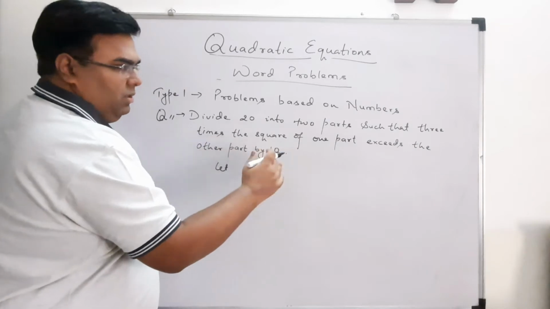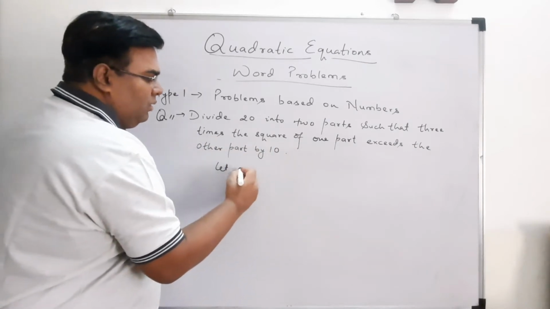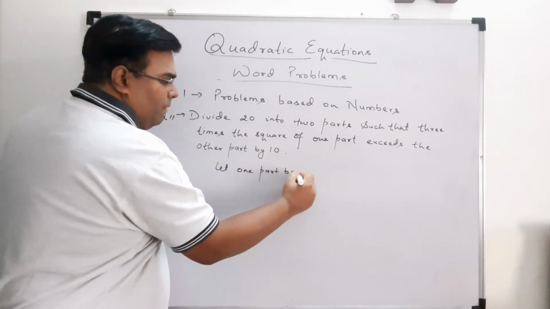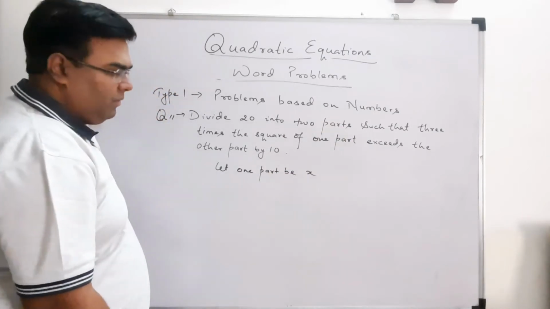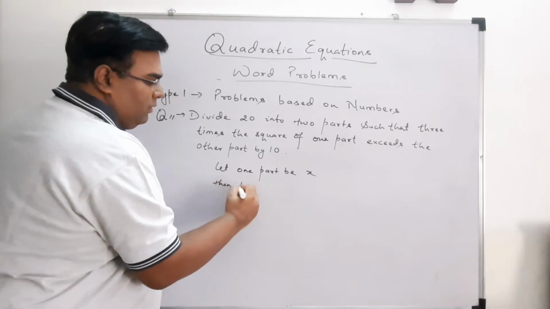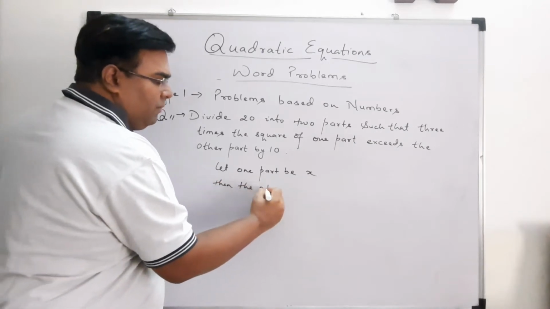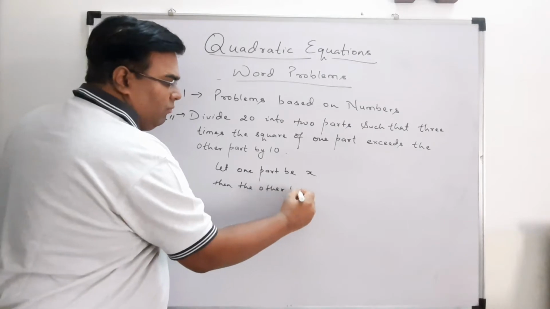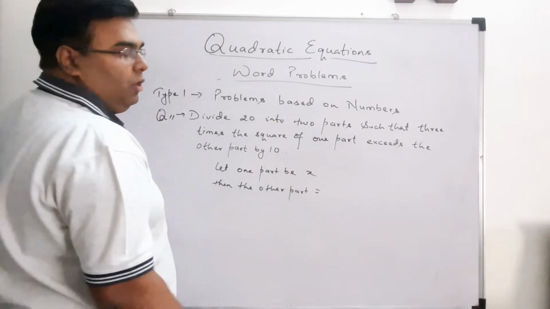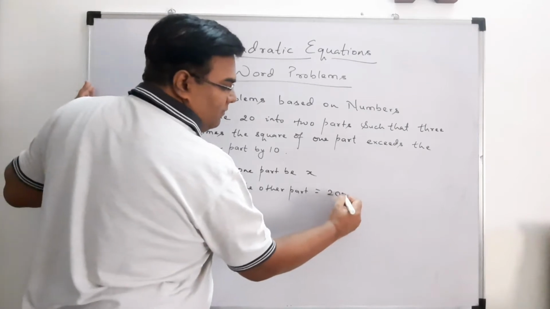So let one part be x. Then what will the other part be? If one part is x, the other part will be 20 minus x.